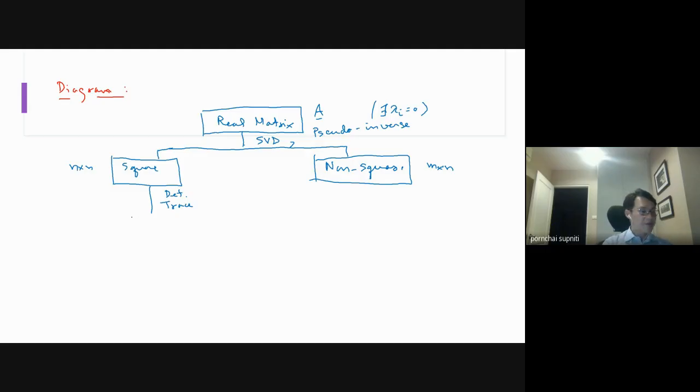Then a square matrix can be divided into various types, depending on what we are interested in. We can look at it in terms of singular or non-singular types.